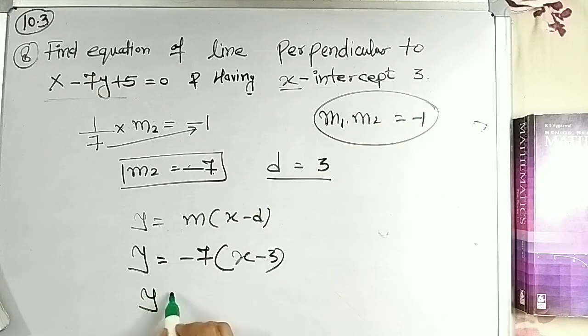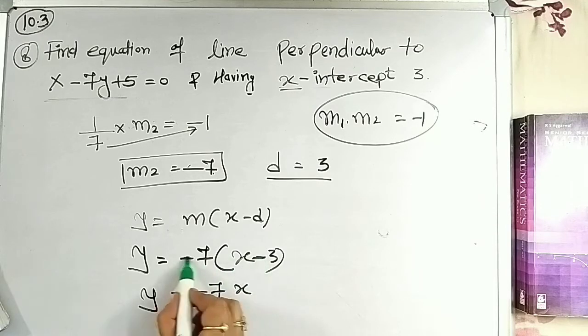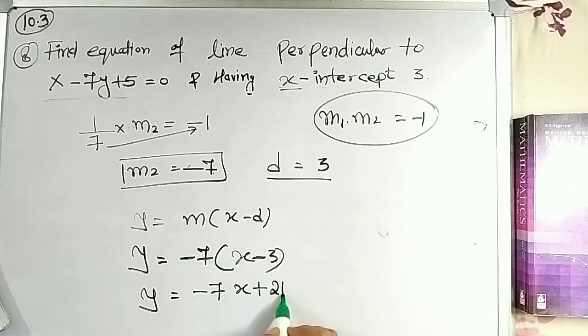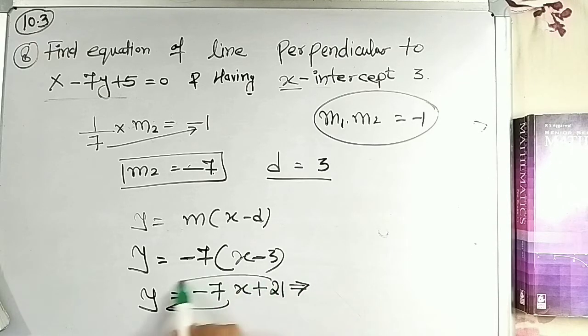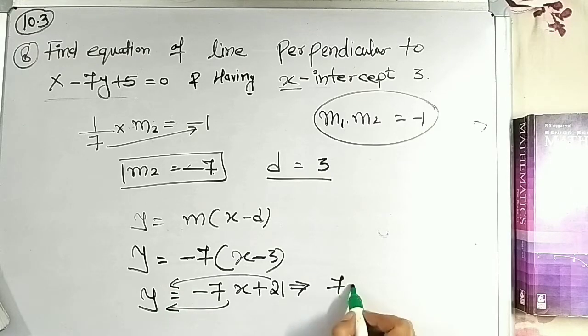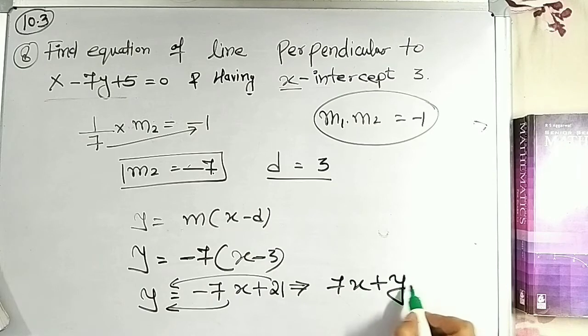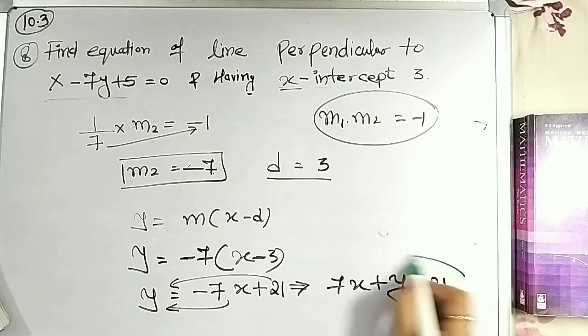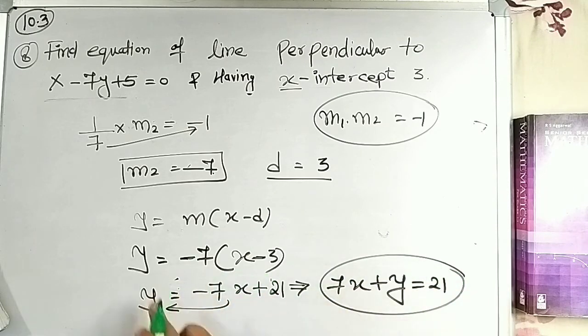So it will be y is equal to minus 7x and minus will become plus 21, which is nothing but, I can write down, this 7x will go here and 21 will go here. So what will it become? 7x plus y is equal to 21. I'm keeping 21 here itself. Okay, this is my equation.